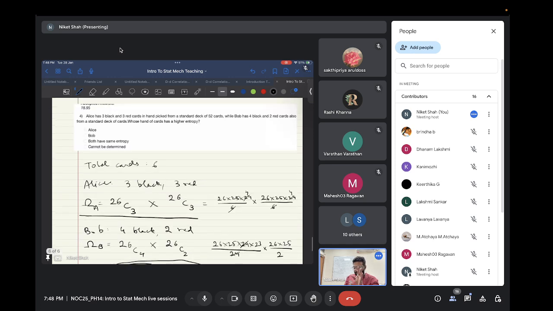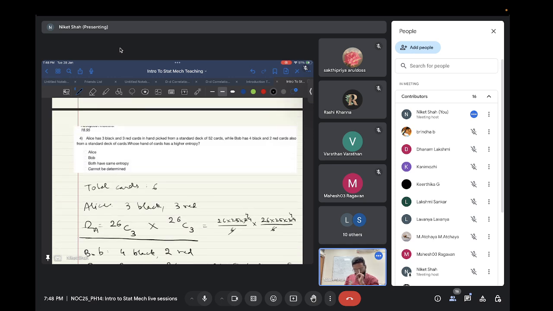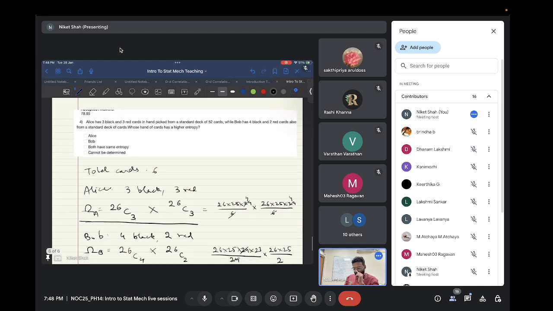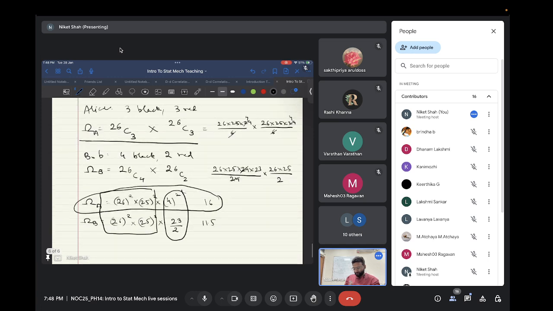Does that make sense? Basically, what I'm doing is I'm calculating the possible microstates and I'm comparing the number of microstates in both cases. And what I conclude is the number of microstates in the case of Alice are more than the number of microstates in the case of Bob. So that is why the entropy for the kind of arrangement that we have in Alice's cards is higher.